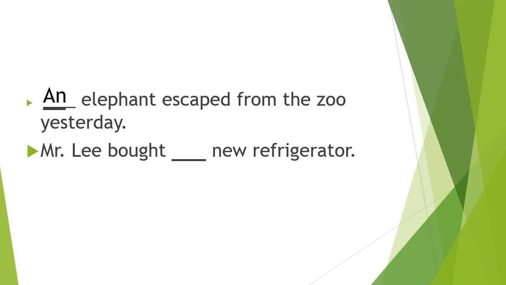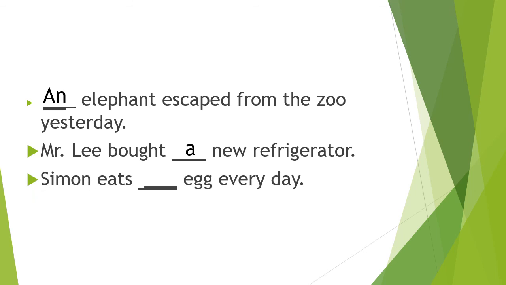Next is Mr. Lee bought dash new refrigerator. We will fill this gap with a because new is an adjective and it begins with a consonant sound. So we will say Mr. Lee bought a new refrigerator.